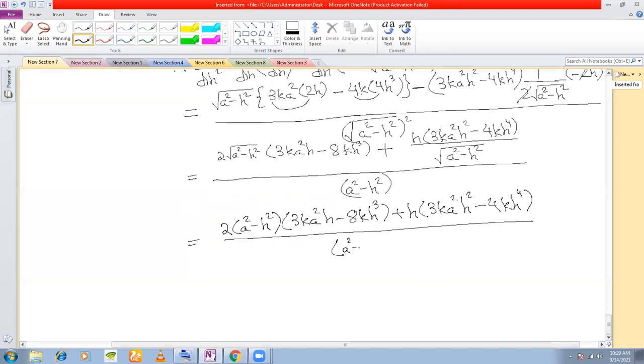So you get a square minus h square to the power of 3 by 2. Right? This step okay with you?